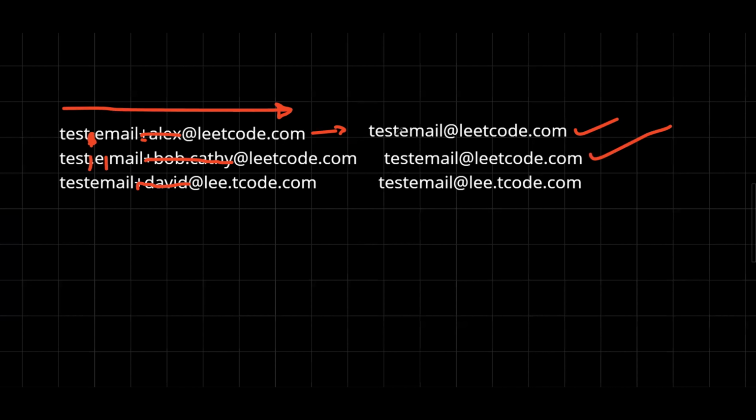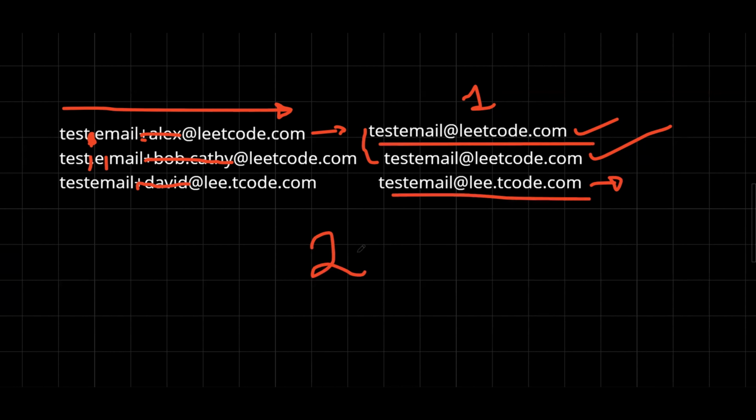So we have to count both of them as only one. And this is the other email. So we can say that in this test case, the answer will be 2, which is this email and this email. So this is the algorithm. This is a very straightforward algorithm.